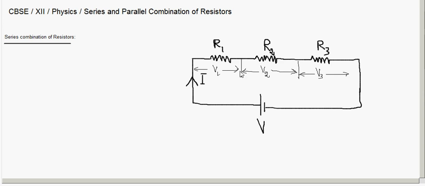So remember, when circuit elements are connected in series, the current through each element is the same. Here the element is only a resistor.